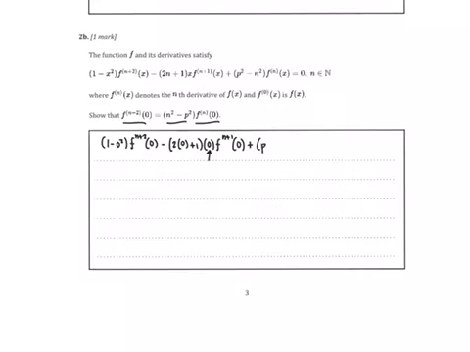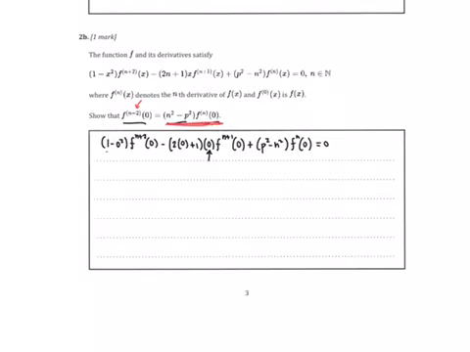Plus p squared minus n squared, nth derivative at 0. And what I want to show is that the n plus second derivative evaluated at 0 is equal to all of this stuff over here.